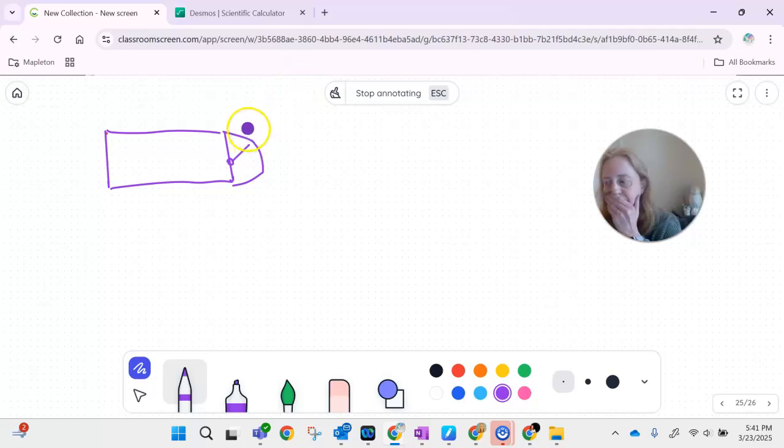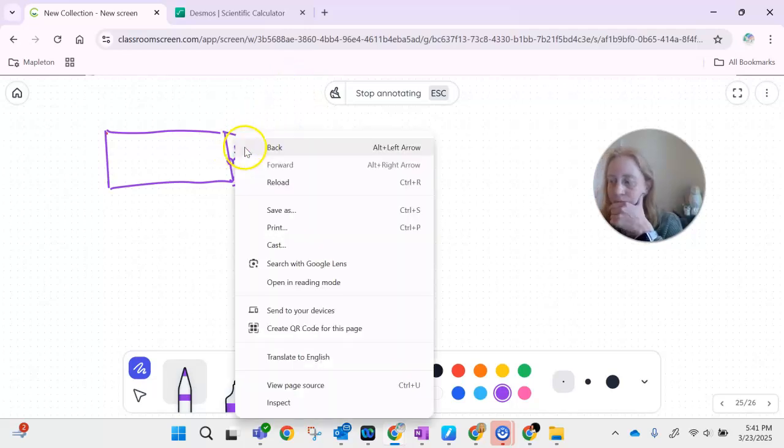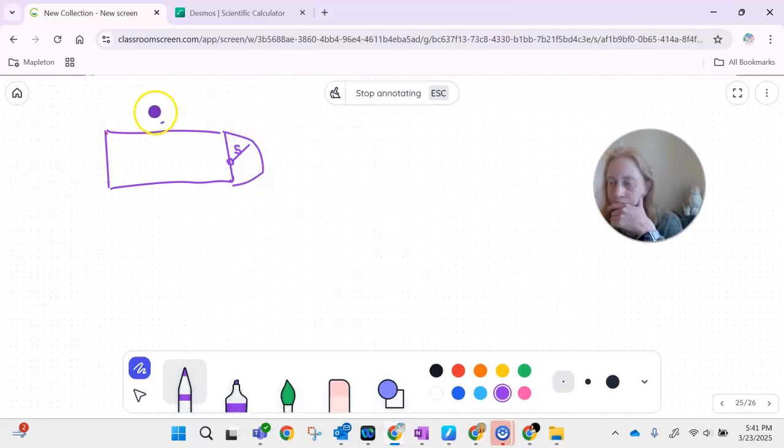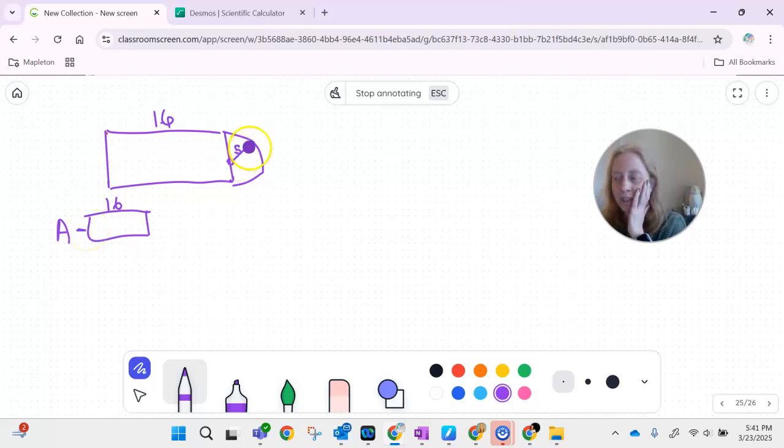But this time, instead of being given this side, because for the area of the rectangle I need to have what is this length, or what is the width, height, whatever, and I'm not given that. I'm only given half of it.